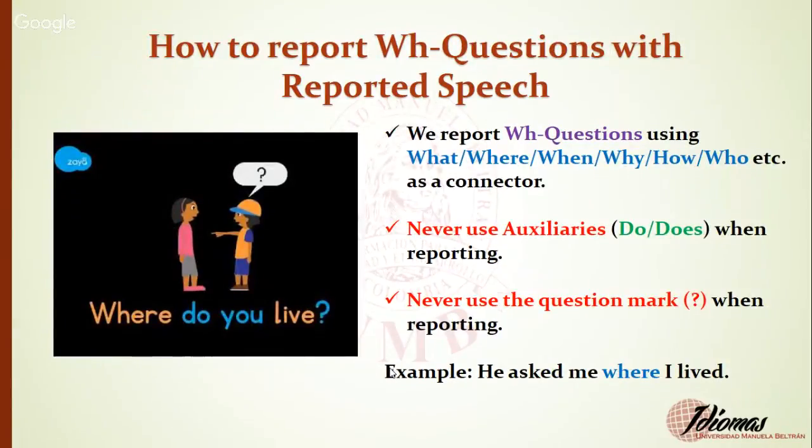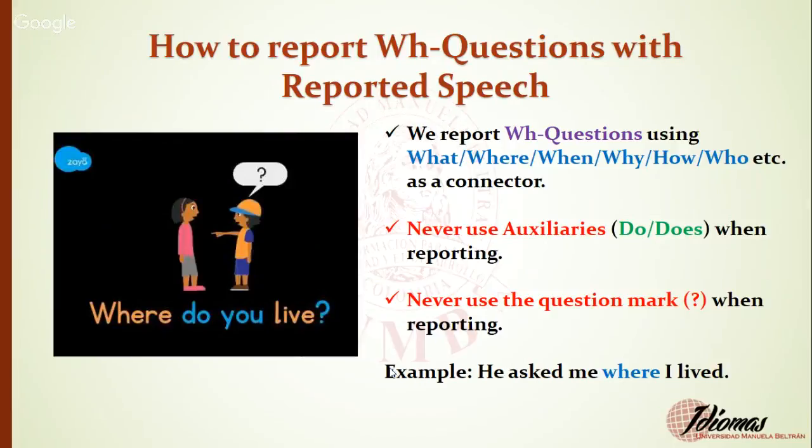Later we have how to report WH questions with reported speech. So we report WH questions using what, where, when, why, how, who, and so on, as a connector. In this case, never use auxiliaries like do or does when reporting, and never use the question mark when reported.